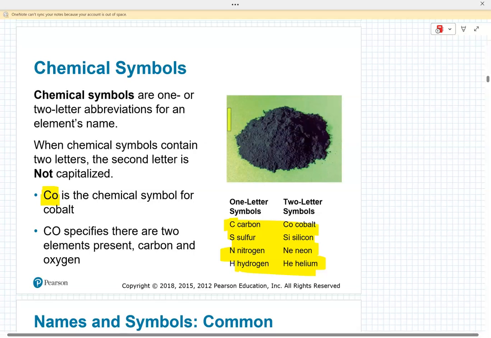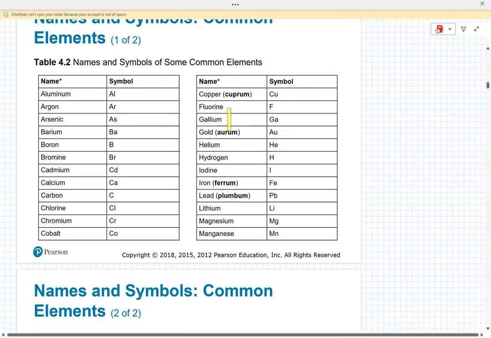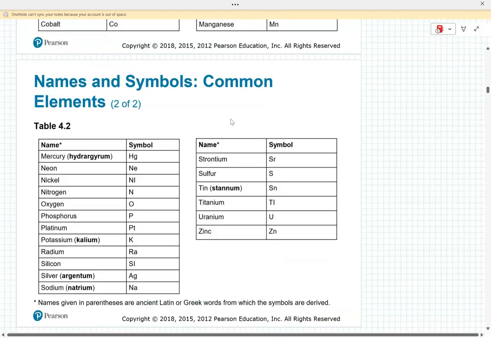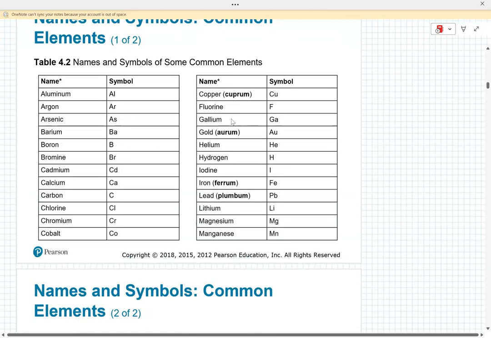Okay? Make sense? Okay, perfect. These tables, be able to read them. Those are common elements. Nobody's going to ask you what the chemical symbol for samarium is, but you should be able to identify all. So most of them make sense. Okay, good. I'm going to highlight the ones that kind of don't.